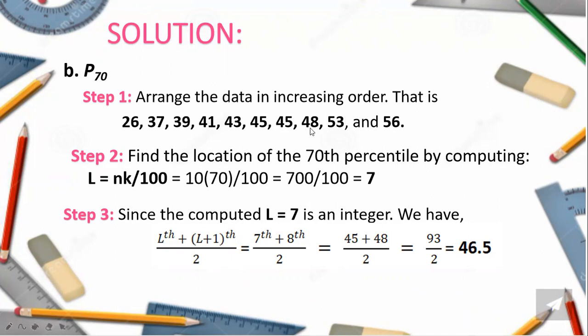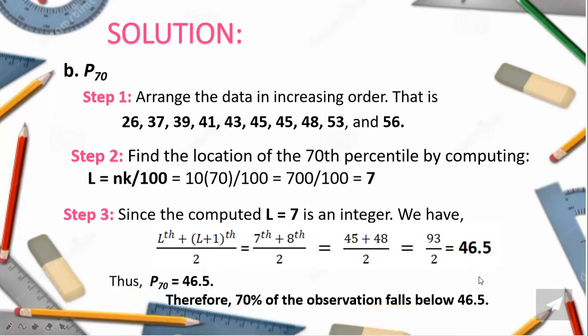Get the average. So we have 93 divided by 2, so we have 46.5. Therefore, the 70th percentile is equal to 46.5. Thus, 70% of the values are less than 46.5. So that's percentile.